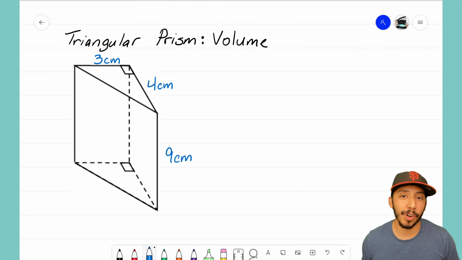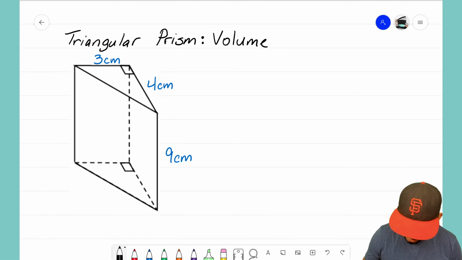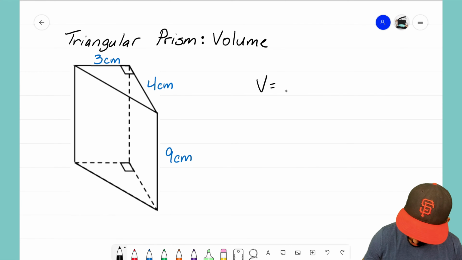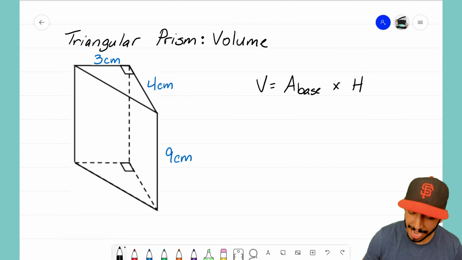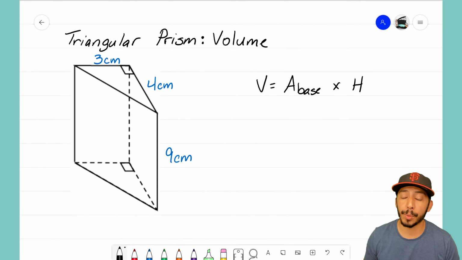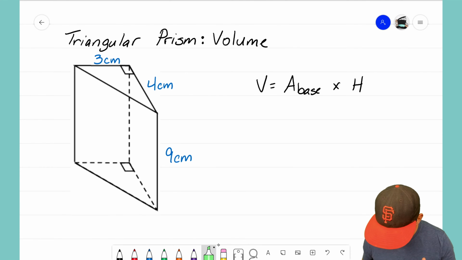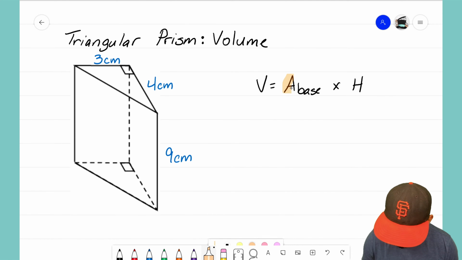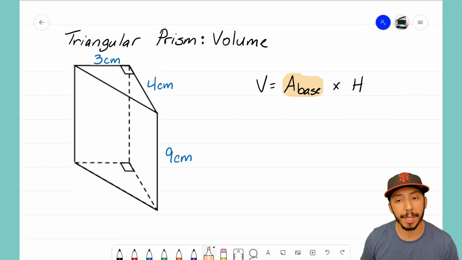Now, fortunately for us, we have a volume formula for a prism, really for any prism, and we can use it here as well. That formula is volume equals area of the base times the height of the prism. There are two key facts in there that we're going to need to find. First, we are going to need to determine the area of the base shape.